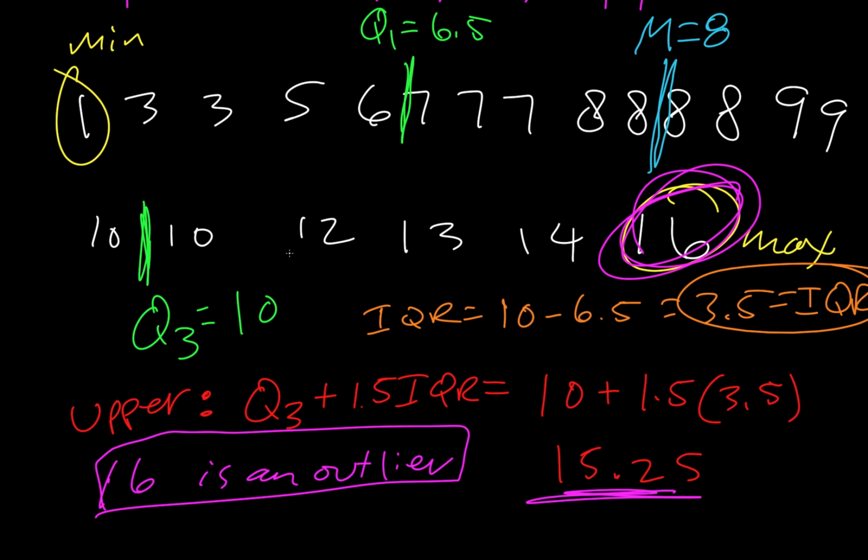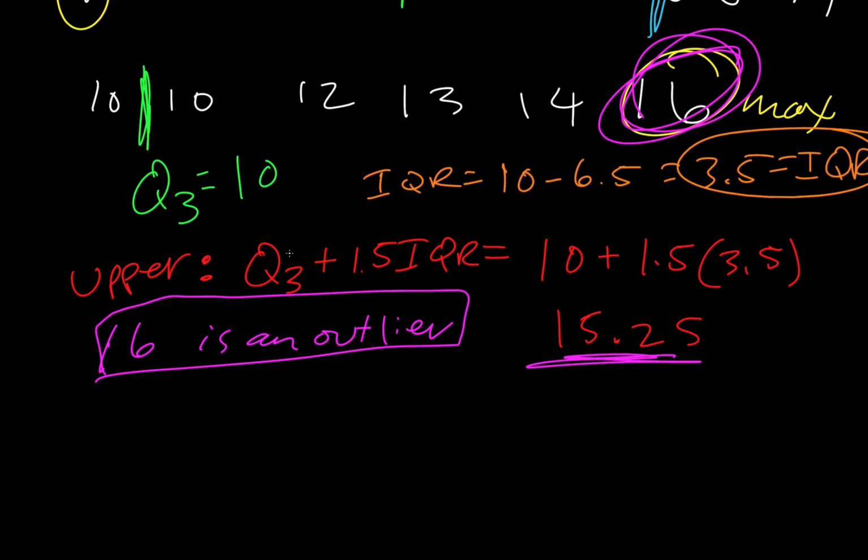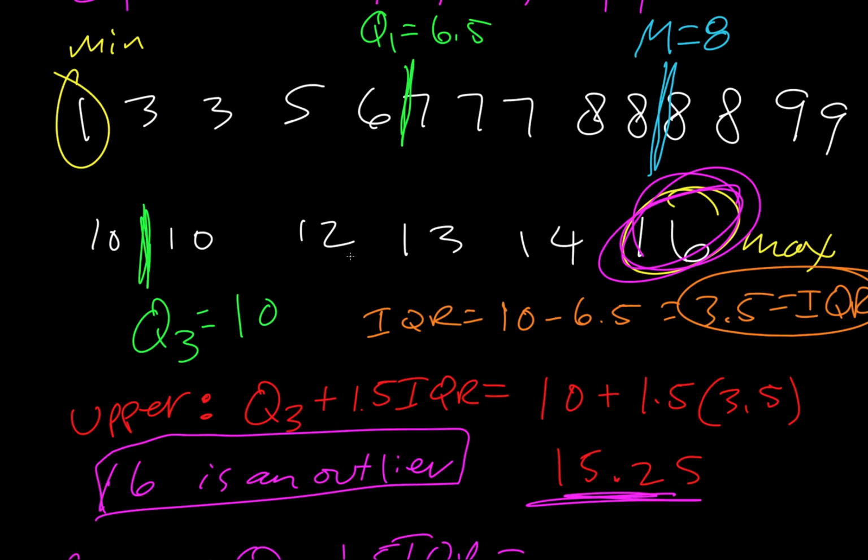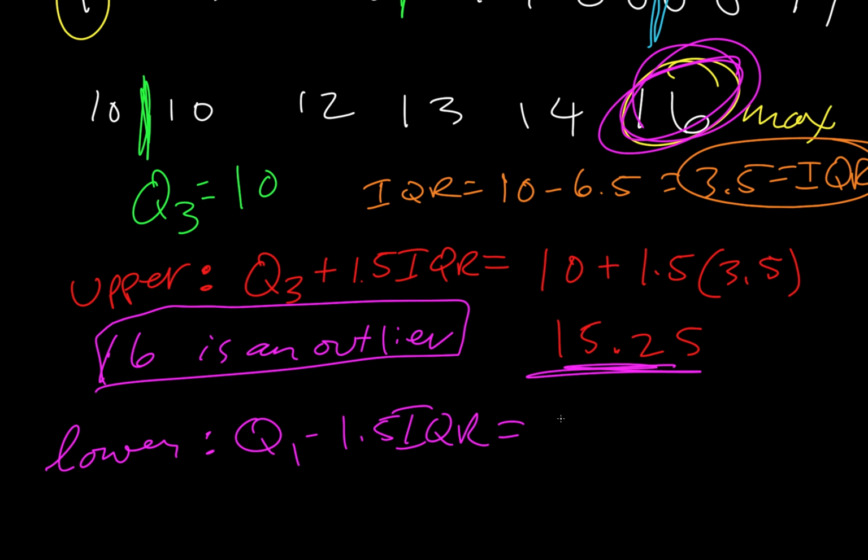Now we can test the lower bound. So the lower bound is going to be Q1 minus 1.5 times IQR. So Q1, if we look up here, was 6.5, minus 1.5 times 3.5, which was the IQR.